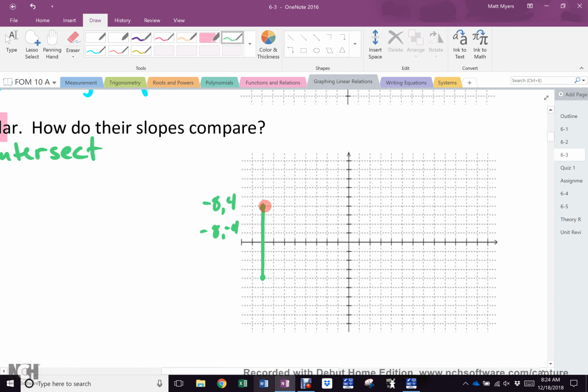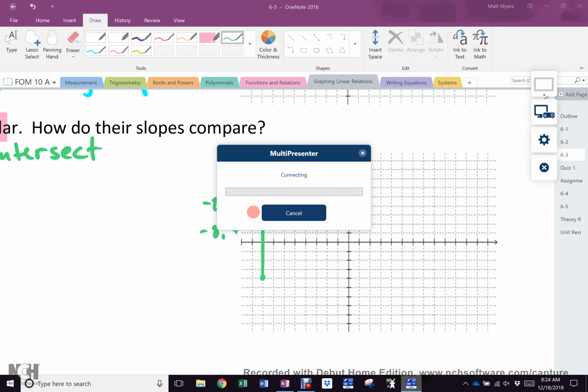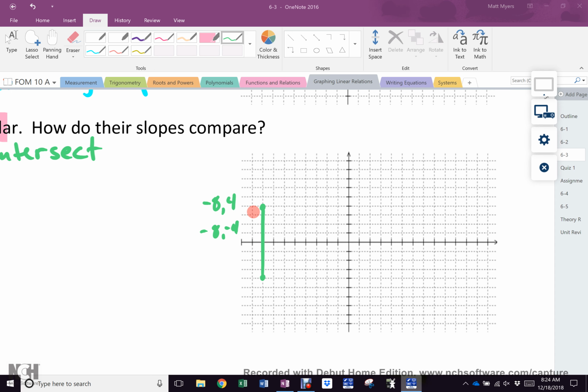A slant, but how do I find slope? Rise over run. Thank you. What is the rise here? 8. Everyone agree? So this guy is 8/0. Yeah? Everybody cool? Okay, now, I'm going to use a different color.